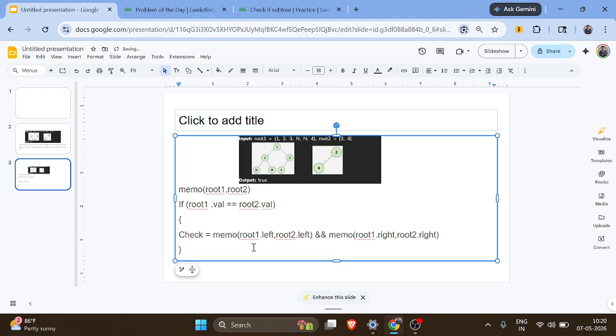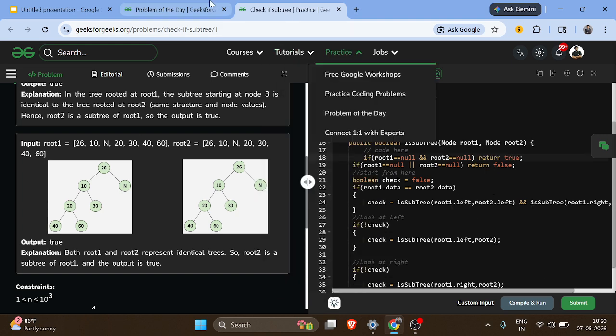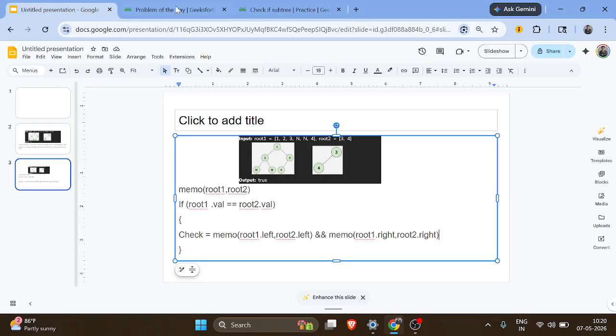So this is what I am saying: if root 1 left equals root 2 left and root 1 right equals root 2 right, it means that the root 2 subtree exists in the root 1 subtree.